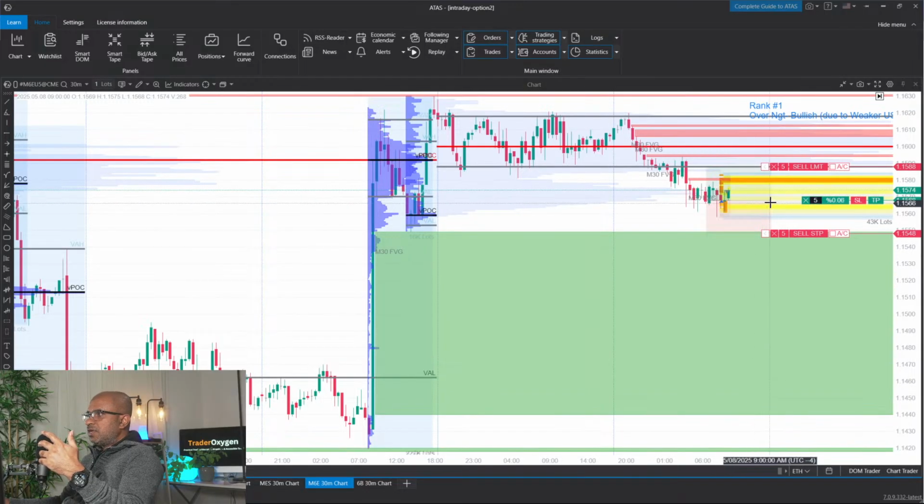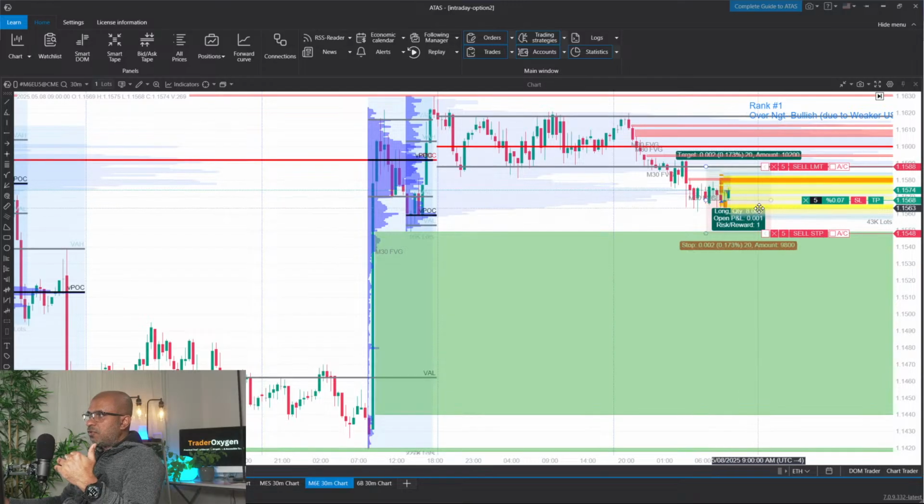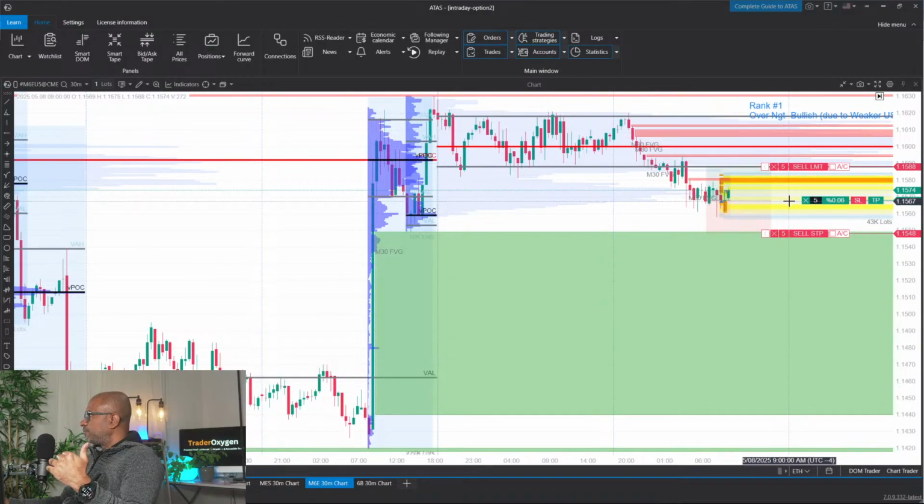It was not mostly below your entry, it went below your entry and gave you some drawdown, but mostly you saw the price sitting above your entry location, which is a positive sign, right?